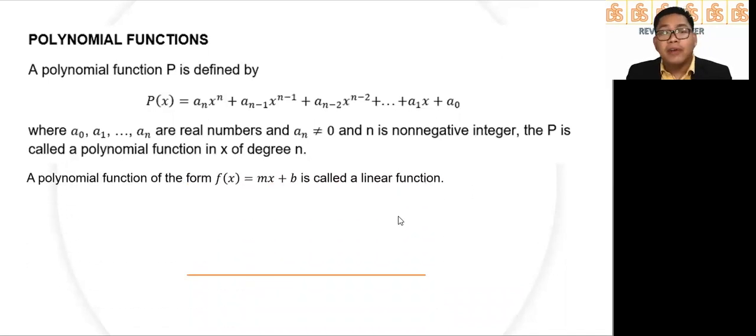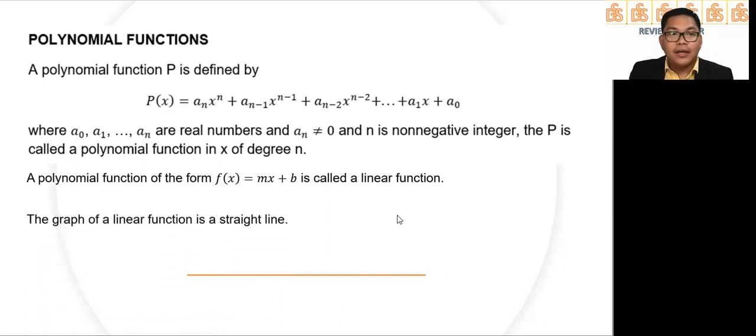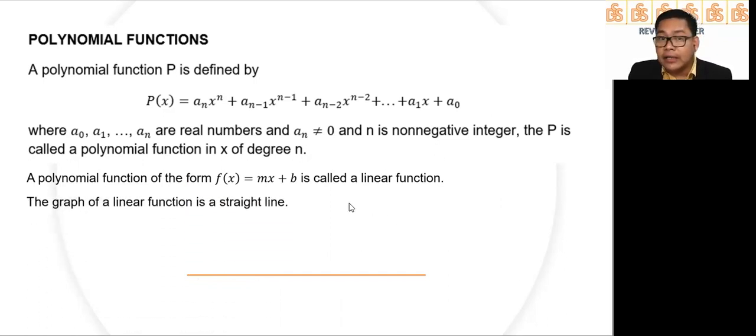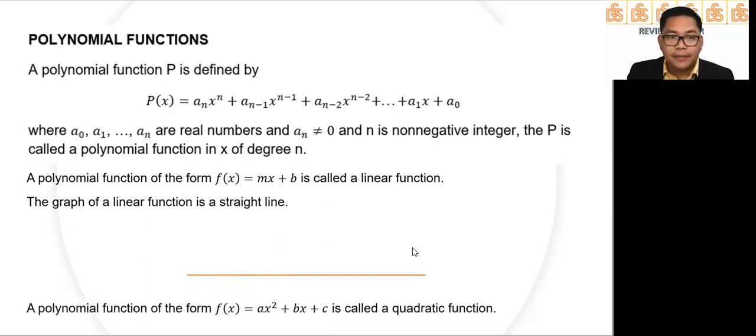A polynomial function of the form f of x equals mx plus b is called a linear function. And of course, since it is a linear function, its graph is a straight line.